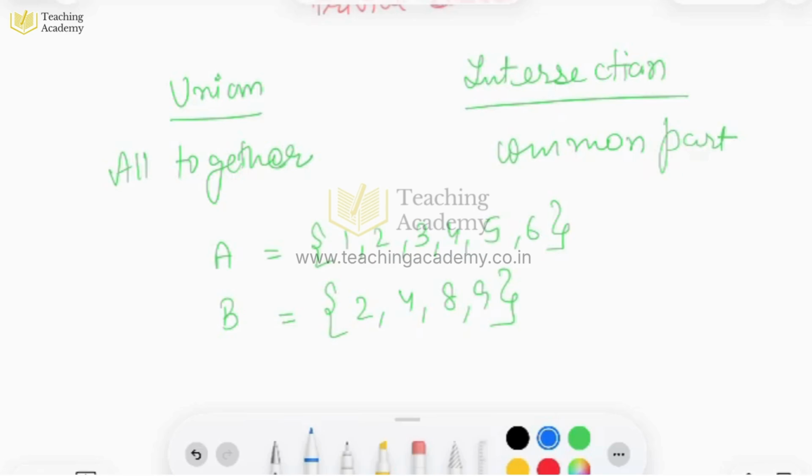U stands for the union and reversed U stands for the intersection.